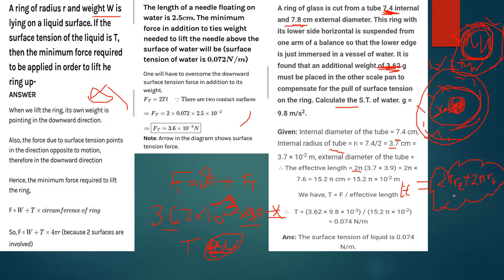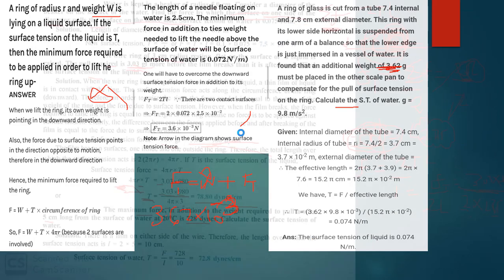So finally the effective length inakuwa 2 pi r external plus r internal. So hii ndio effective length. Kwa ndo unafanya kama nilivyopata hivi. Then basi it means surface tension unaweza ukaipata kwa kutumia surface tension ni sawa na weight ya body ambayo ilikuwa kwenye other side ya mzani divide by effective length. Put in the numbers, you get the answer.